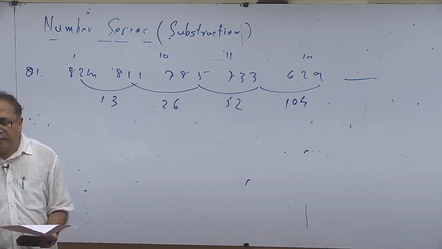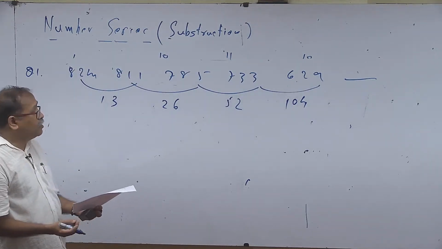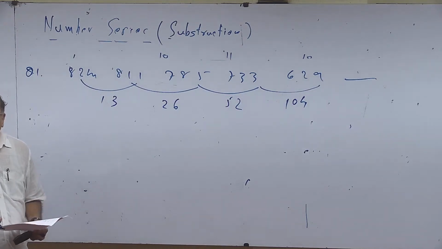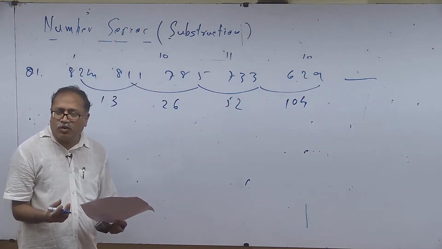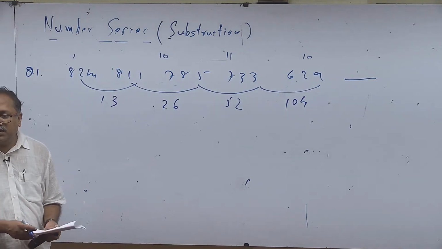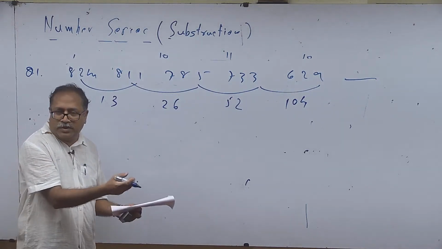What is that? 13, 26, just the numbers getting doubled. So whatever it is, the number is getting double, or 1.5 times, or 2.5 times. As it's the introductory class, I am just taking the double of the number.